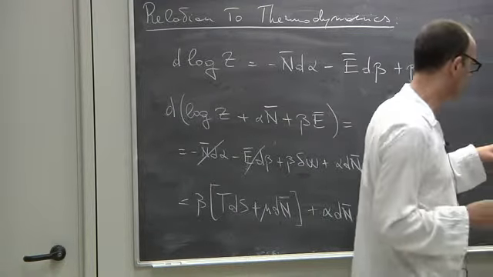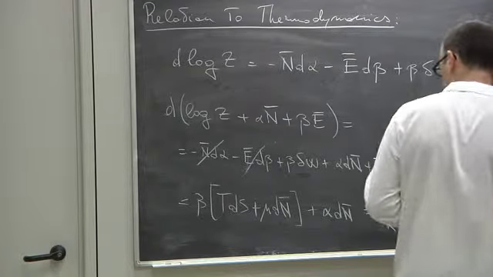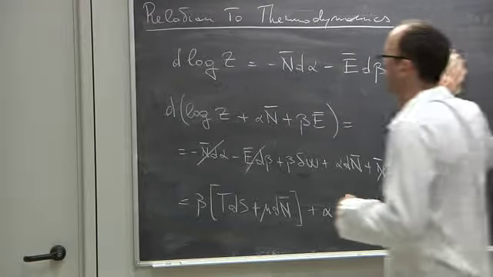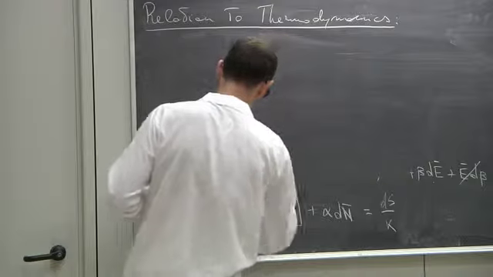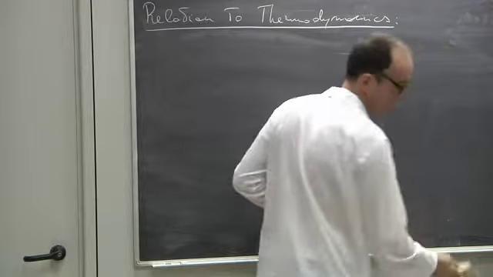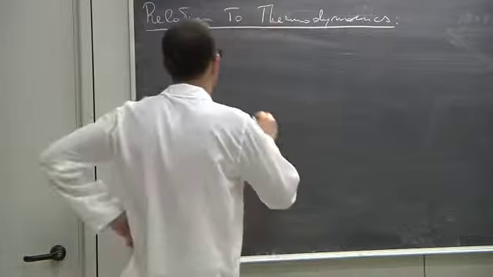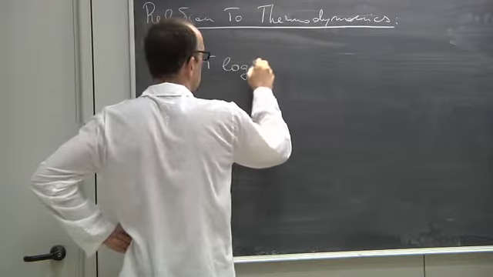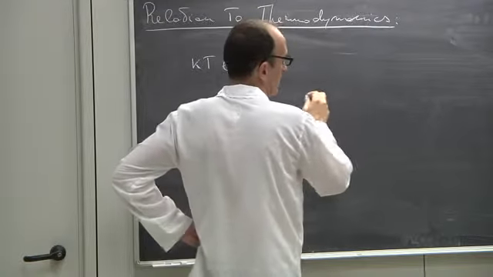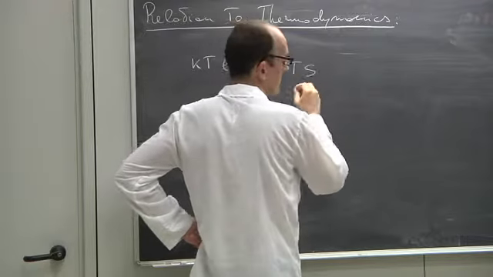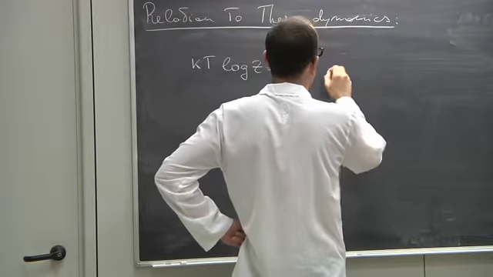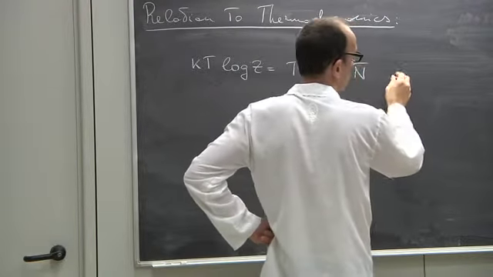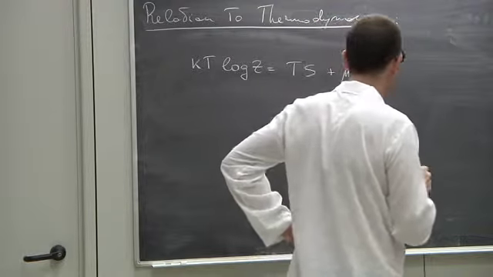So we can say that KT times log Z is equal to T times S plus mu times N minus E.